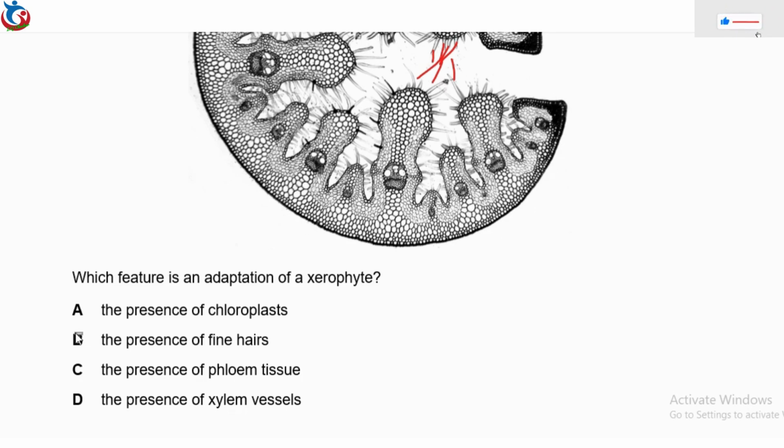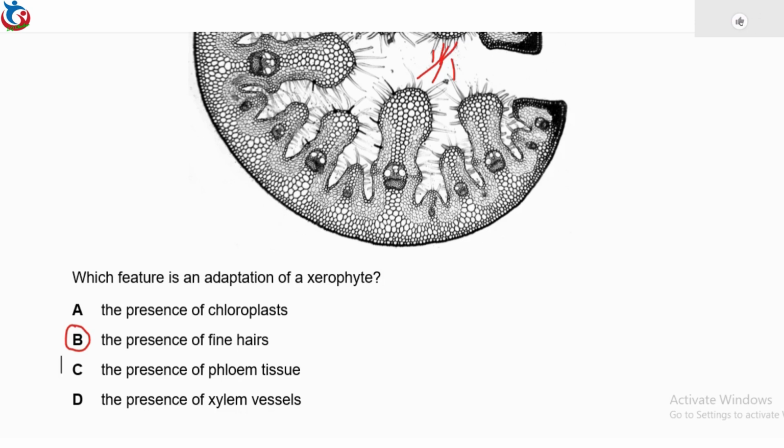So this makes our option B the correct answer. For them to survive in deserts, they should have a level of water conservation, and that is done as a result of this fine hair, not chloroplast, not phloem, not the xylem.